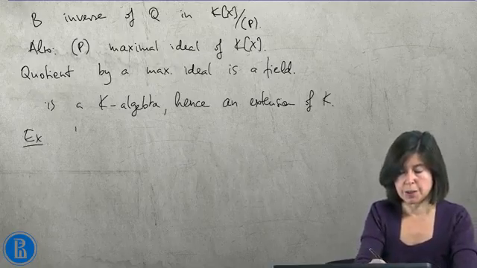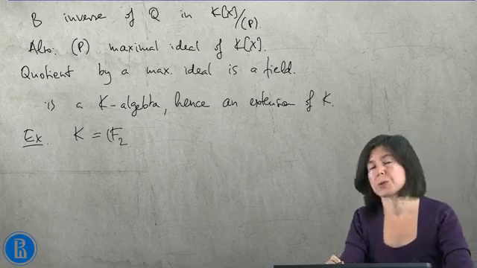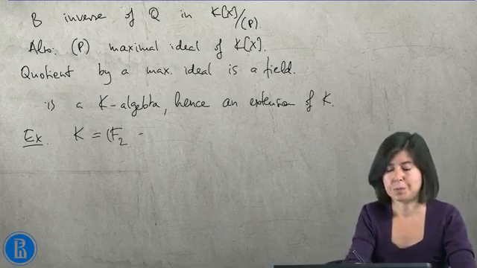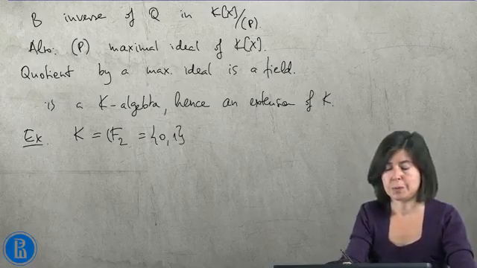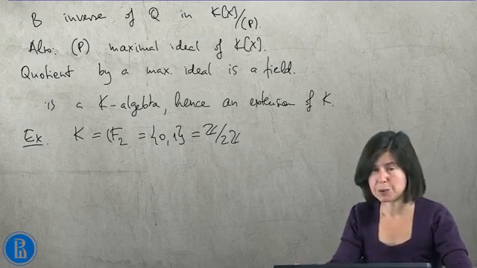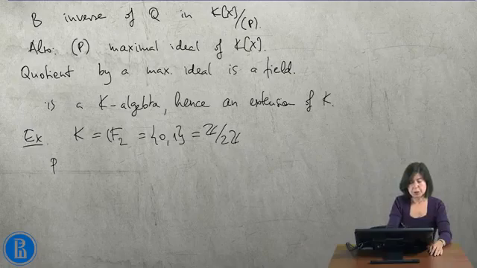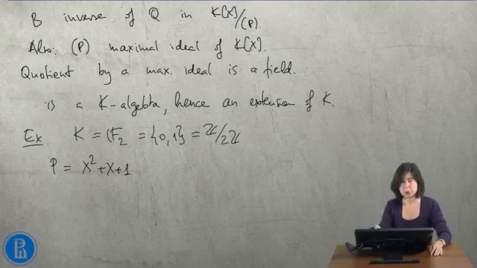Let's take K equal to the field of two elements, so Z by 2Z. It consists of 0 and 1, and 1 plus 1 is 0. Let us take P equal to x squared plus x plus 1. So this is an irreducible polynomial over F2.